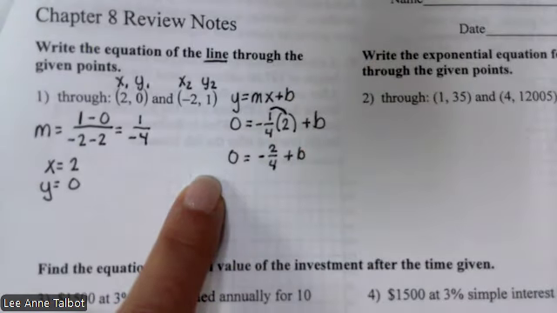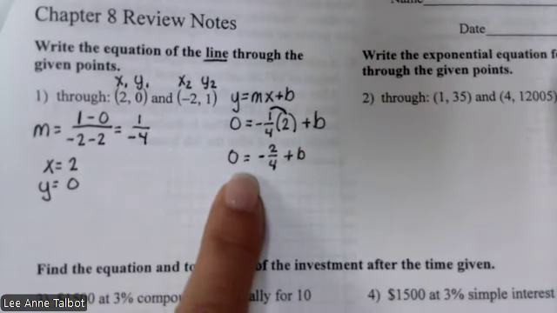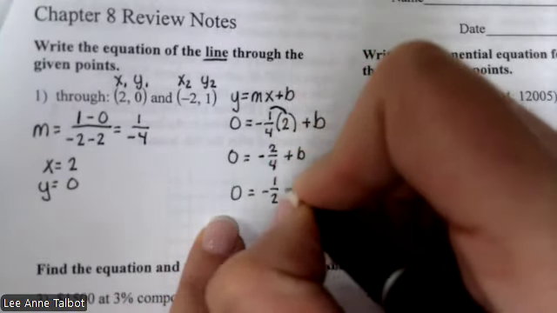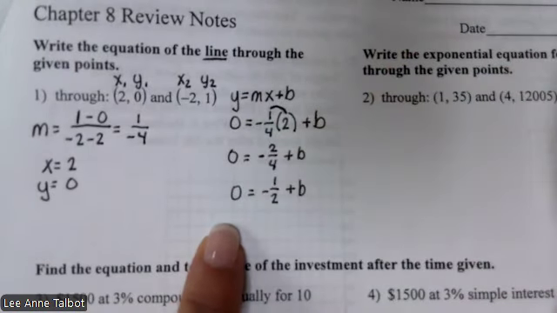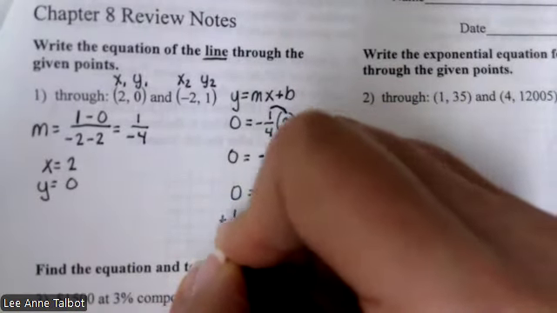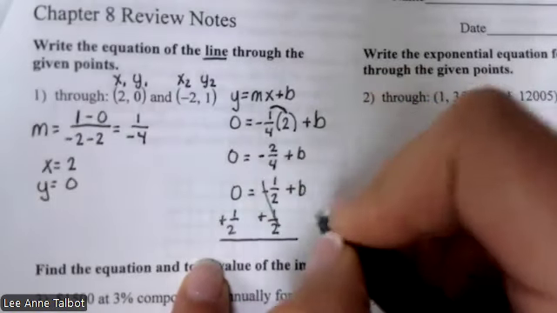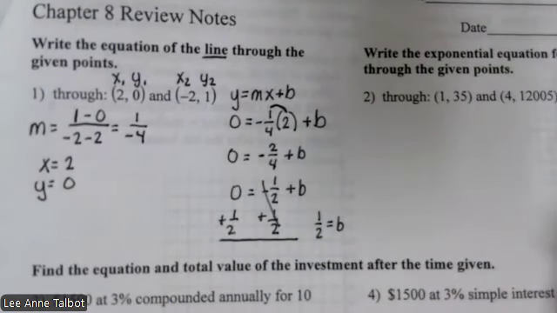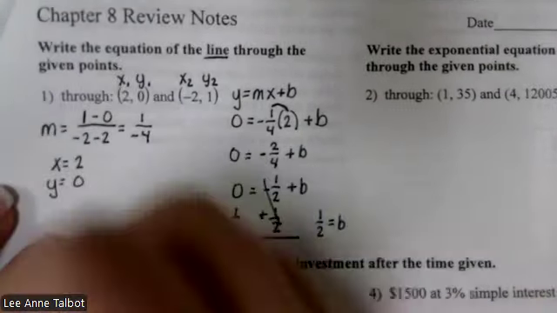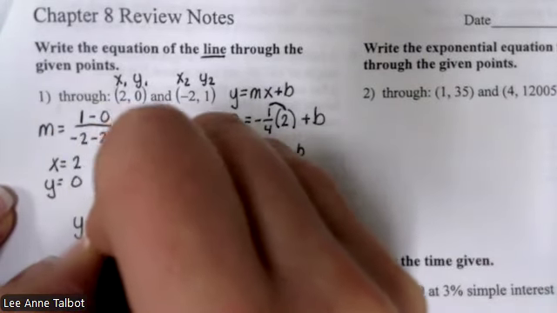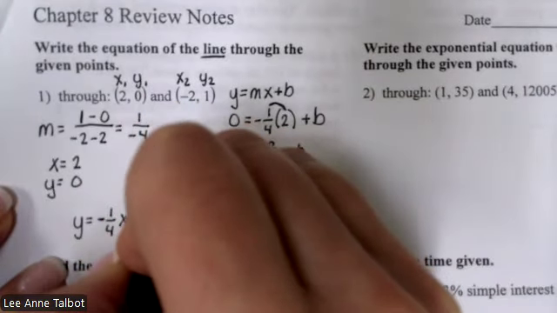So you multiply the 2 times the top. And then I'm going to do what Landon said. I'm going to reduce this. Okay, final answer. Y equals negative 1/4 x plus 1/2.